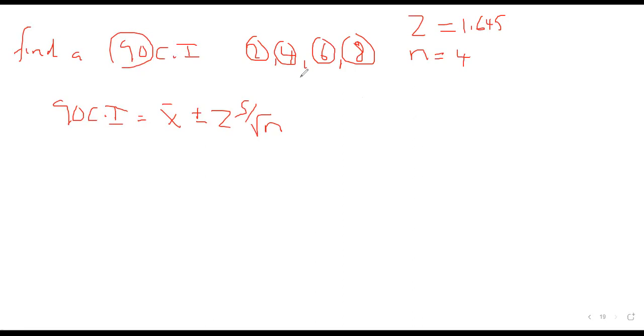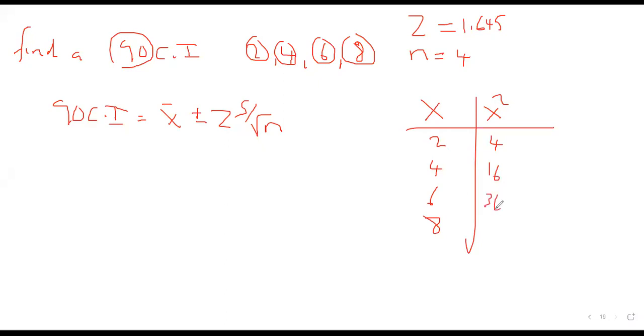Okay. Then the mean we can calculate using ungrouped data. Remember how we calculate the mean? We have 2, 4, 6, and 8. Here, the squares are 4, 16, 36, and 64. So we total up: 2 plus 4 plus 6 plus 8 is 20. So summation of x is 20.